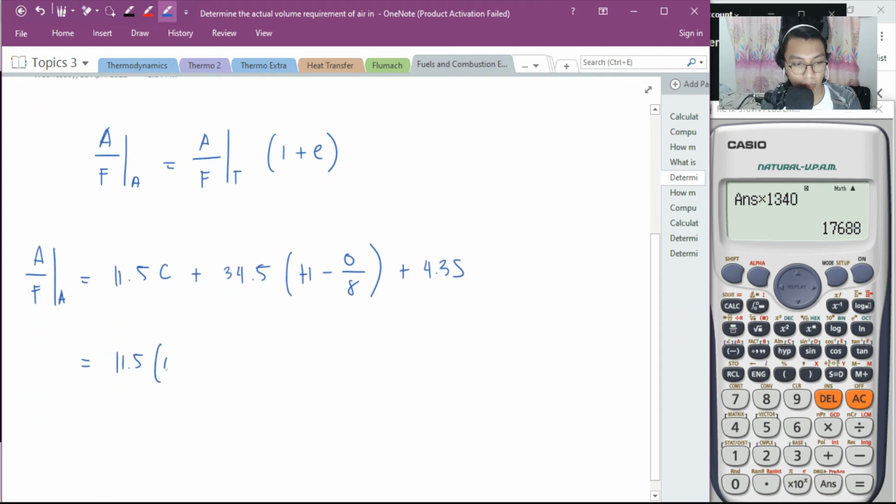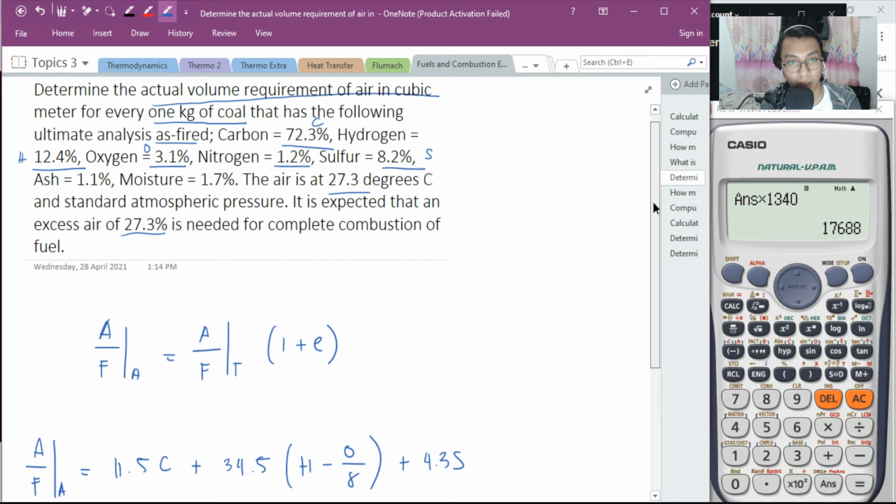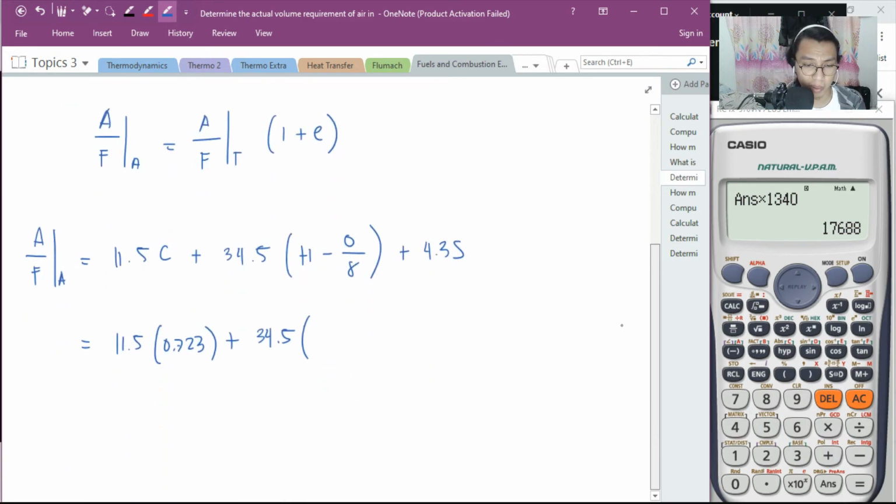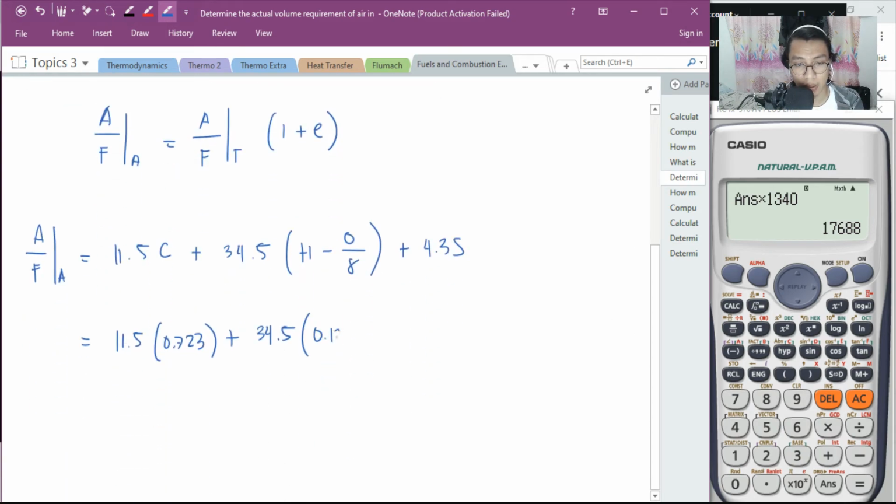0.723 plus 34.5 H. Yung H mo is 0.124. Minus, ang O is, maliit lang yan, 0.031, divide by 8, plus 4.3 nung sulfur.